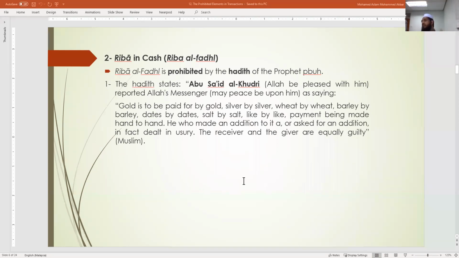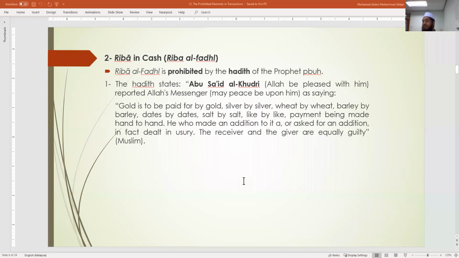So the Prophet ﷺ talks about six commodities: gold, silver, wheat, barley, dates, and salt. Like by like, payment being made hand to hand. He who made an addition to it or asked for an addition in fact dealt in riba. The receiver and the giver are equally guilty. This hadith comes in Sahih Muslim.